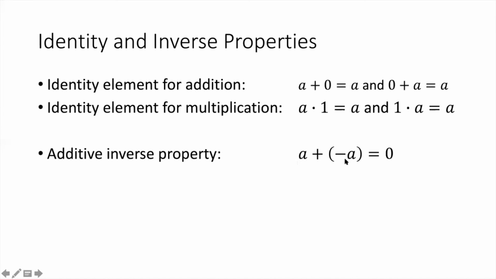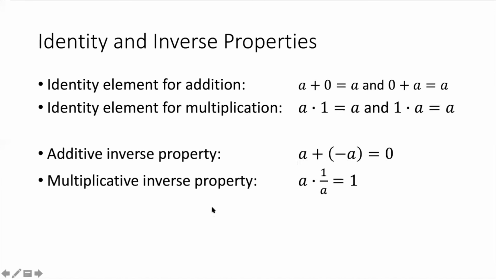When you add a number and its opposite, you get 0. And every number except 0, I should have written that in here, a does not equal 0, has what's called a reciprocal. When you multiply a number times its reciprocal, you get 1, which is the identity element for multiplication.